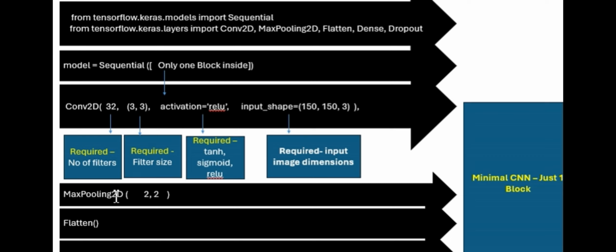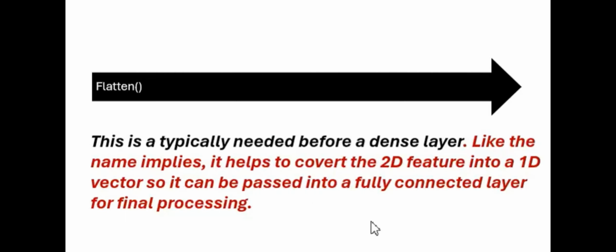If MaxPooling is applied after each block, it will help reduce the spatial dimensions, making our network very fast, and help us focus on the most important features. So it's a recommendation while specifying your architecture that once you specify your first block, the next thing you do is MaxPooling. Even if you specify another block, you must go back to MaxPooling.